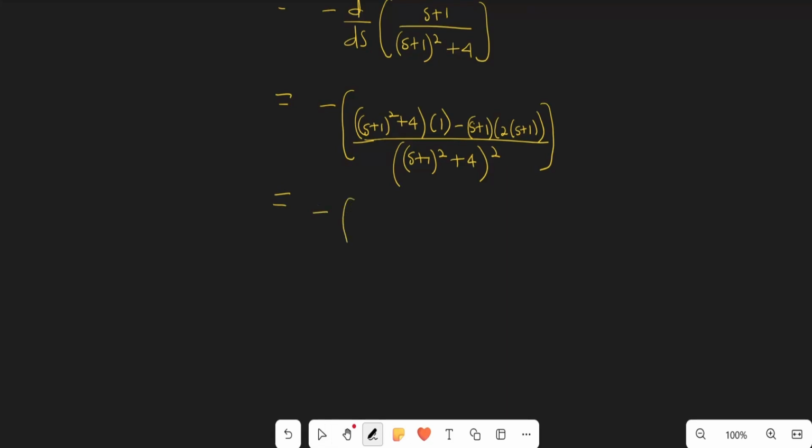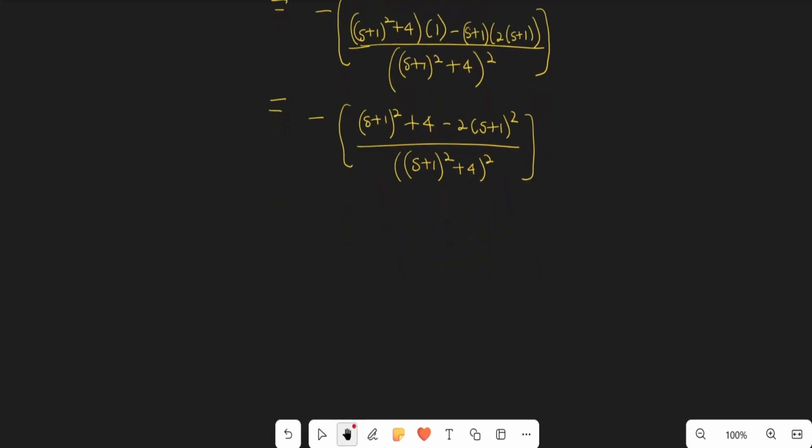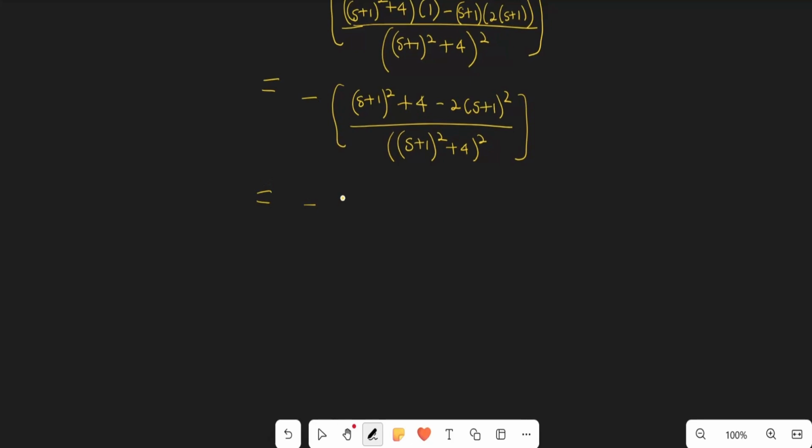So this is negative into, the numerator is going to be s plus 1 all squared plus 4, right? And this one is going to be minus 2 times s plus 1 all squared. All of this divided by s plus 1 all squared plus 4, and all of this squared. So we have negative into, this is 4.